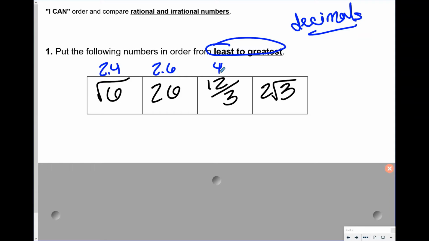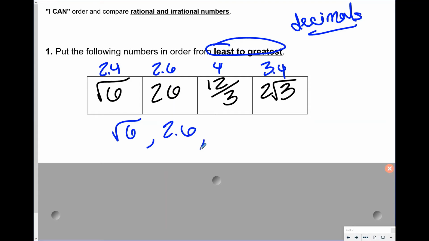Then we got 2 times the square root of 3, which is 3.4. Now, since we got these into decimals, let's put them in order. So first, it will be, obviously, the square root of 6. That's first. Then obviously 2.6 comes next.